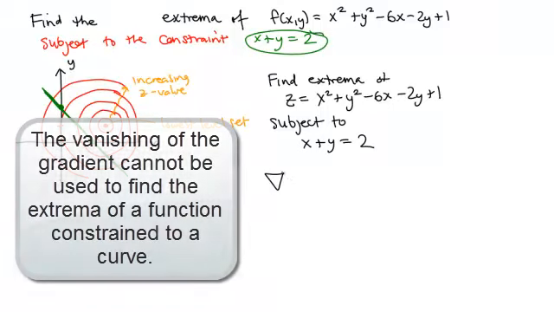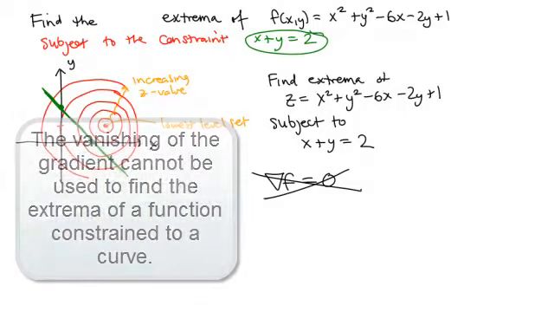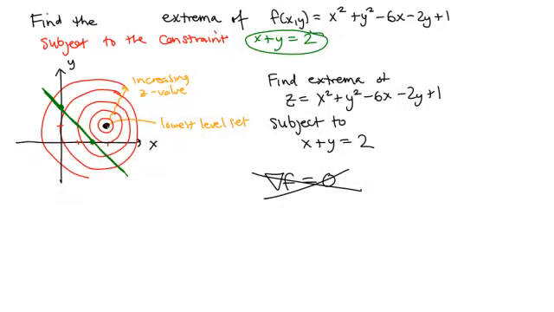We can't go and use this approach anymore, because this approach involves us looking over the entire domain, and we're sort of emphatically not looking over the entire domain. The one and only critical point, 3, 1, doesn't happen to live on this curve at all. And so this approach isn't going to find me what I'm looking for. However, we only want to look at the corresponding z values to points on this particular curve right here.